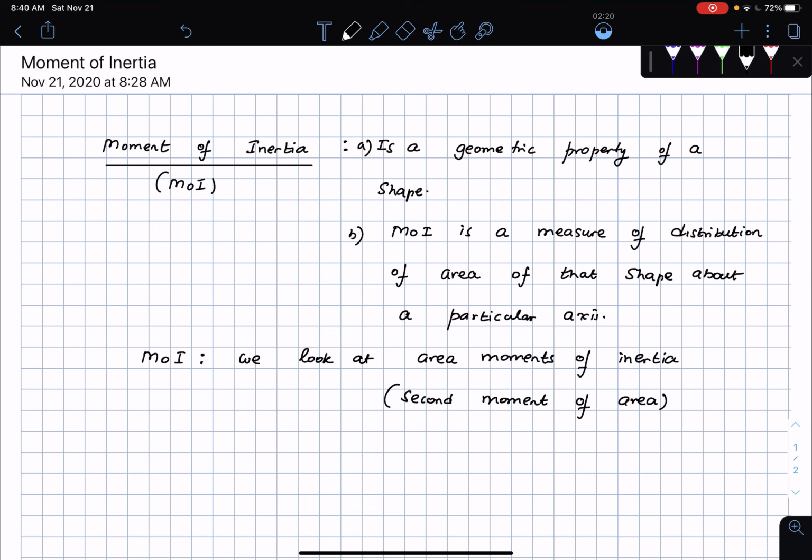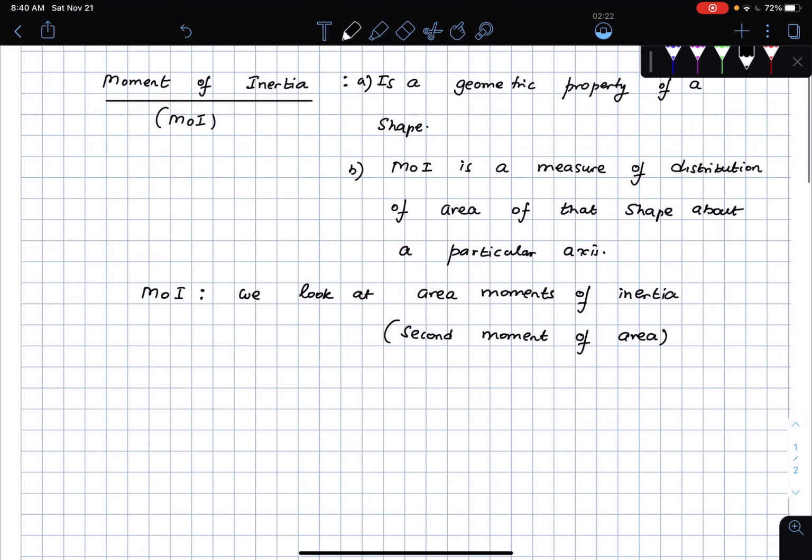In dynamics, you will also be seeing the term mass moment of inertia. But the basic idea is the same. An area moment of inertia is a measure of the distribution of area about a particular axis. If you're looking at mass moment of inertia, then it is descriptive of the distribution of mass about a particular axis.